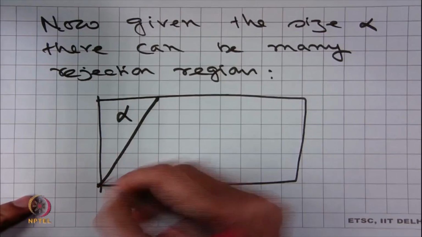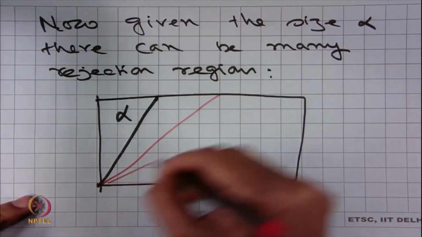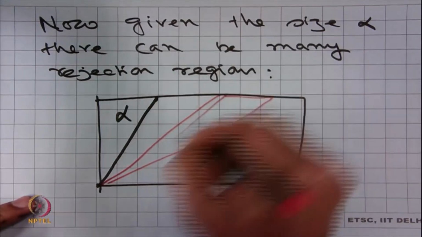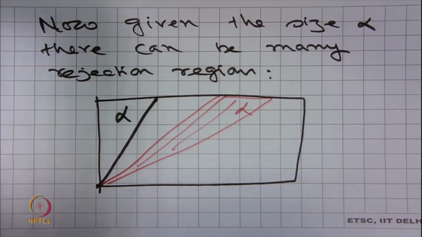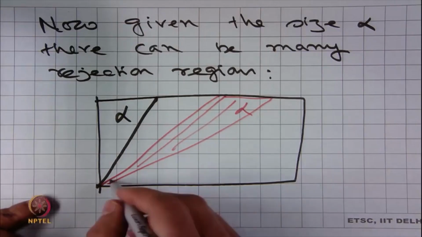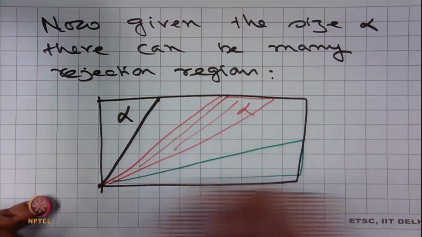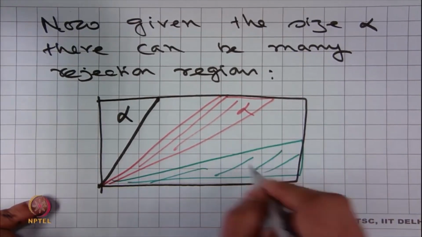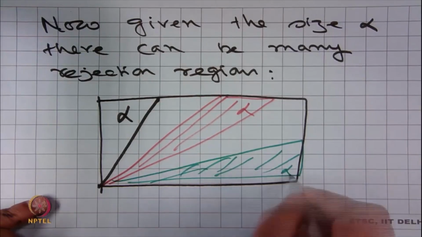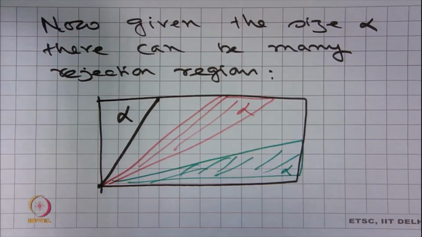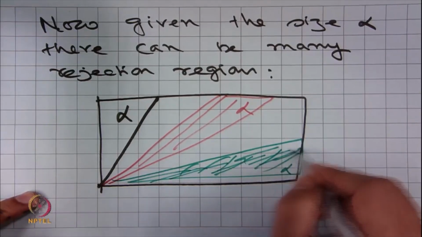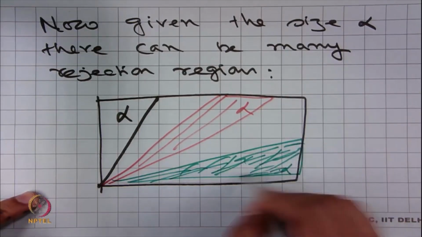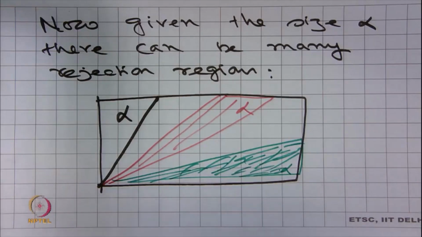Suppose this is another rejection region of size alpha, and suppose this is another rejection region of size alpha. The question is which one of these we should consider for ultimate decision making.